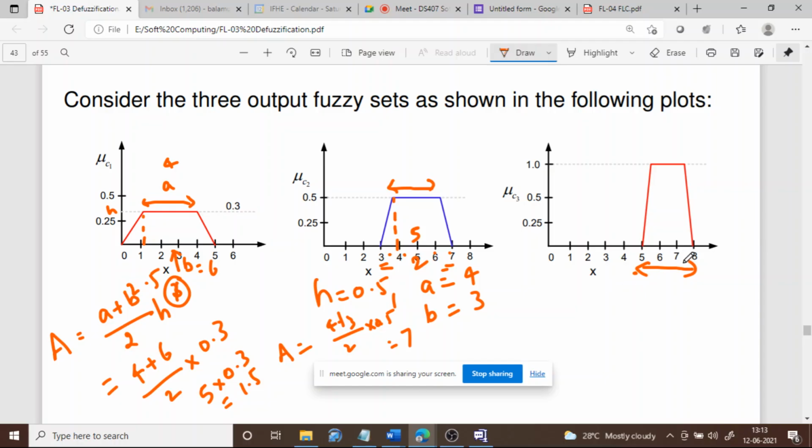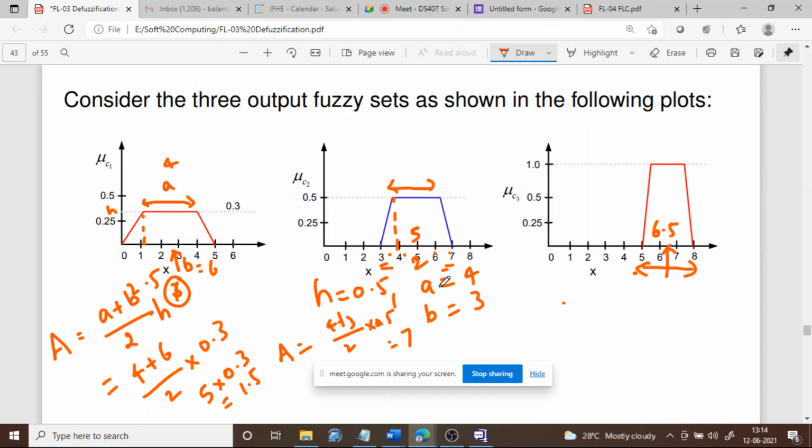So what is the midpoint of this? 8 plus 5 by 2. 8 plus 5 is 13. Okay, 13 by 2, 6.5. Yes, this is the midpoint, right? So like this you calculate midpoint for everything.